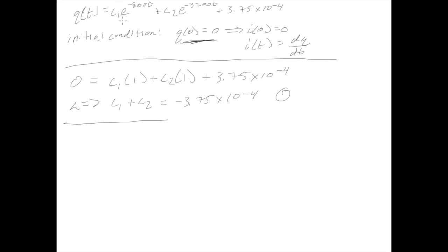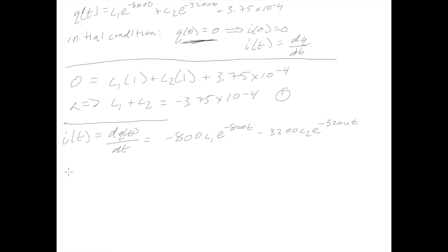So we just have to differentiate this whole equation to define I. So I of t is equal to dq of t over dt, which is just going to be negative 800 C1 e to the negative 800 t minus 3200 C2 e to the negative 3200 t. It's really simple derivatives of e. And it's plus 0, of course, since this is just a constant.